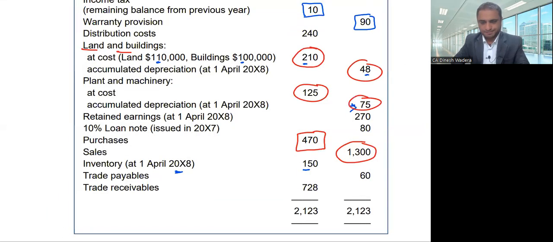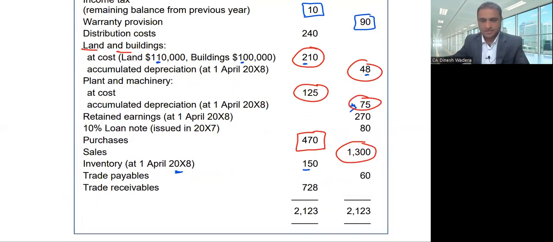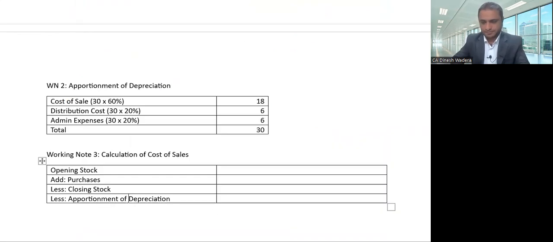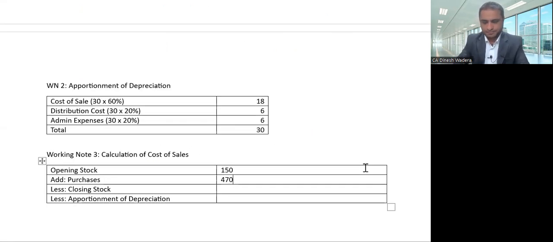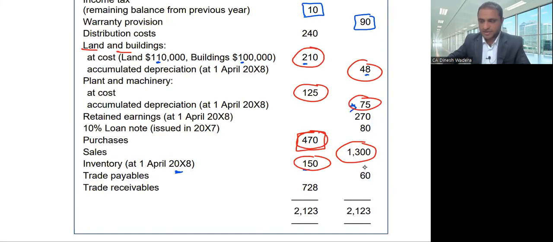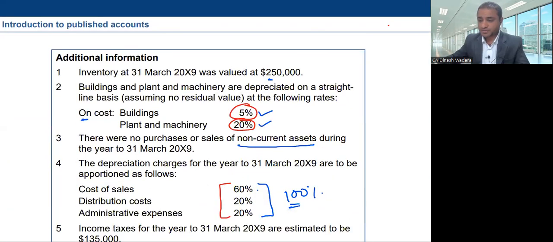Where is it? Do we know the opening stock? Yeah, we have it here. Inventory 150. Do we have purchases? Yes, we have 470. Do we know the closing balance? Yes, you should know that closing stock will never form part of a trial balance, but it will always be given in the additional information.